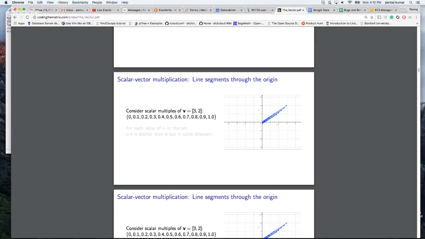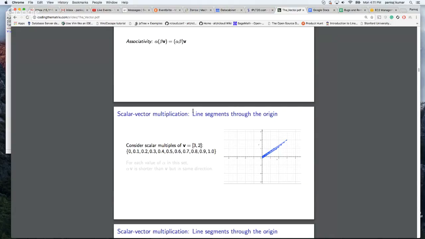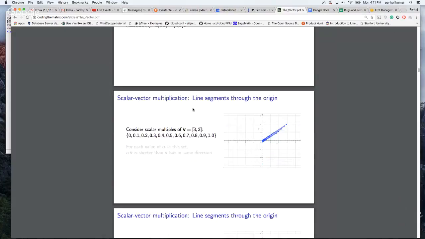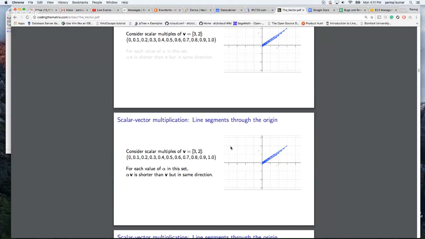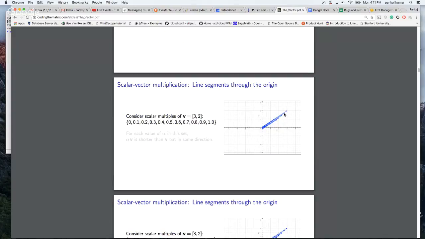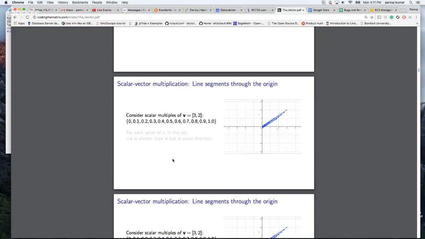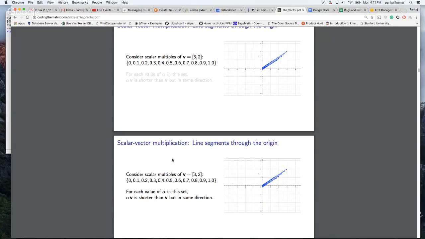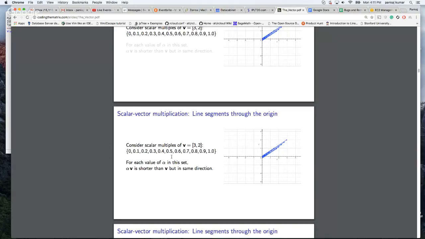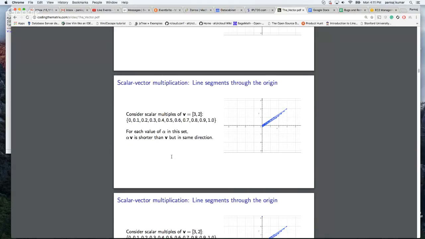So for example, if you take a vector (3, 2) and you plot it, you multiply it with all scalars from 0 to 1 spaced by 0.1, then you will get something like this. So this is 0.9 V, this is 0.8 V, this is 0.7 V, this is 0.6 V, 0.5 V, 0.4 V, 0.3 V, 0.2 V. So this idea can be used to construct a full line segment.